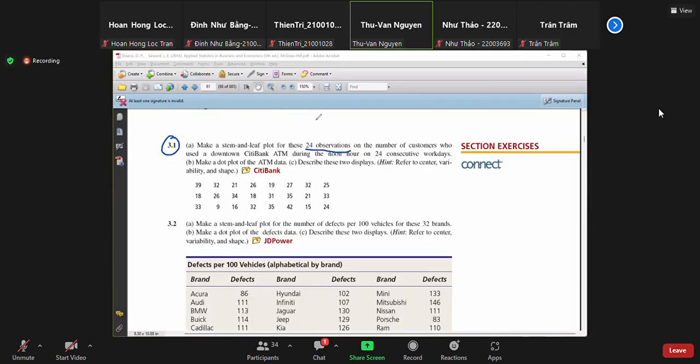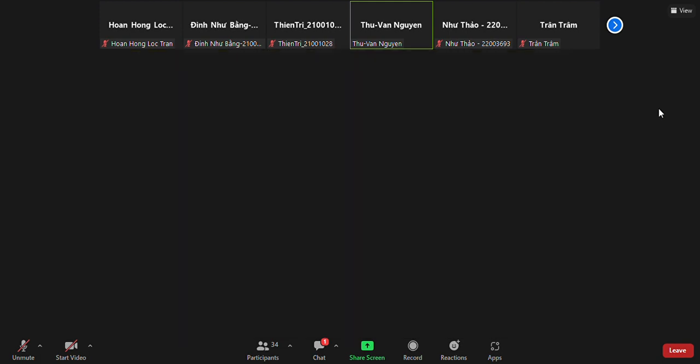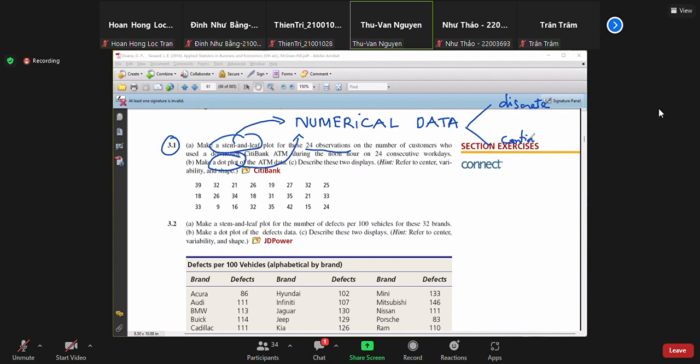So do not forget that stem and leaf and dot plot are used to describe numerical data. Do not forget, okay, students. Remember, what is numerical data? It must be numbers, and it can be discrete or continuous.